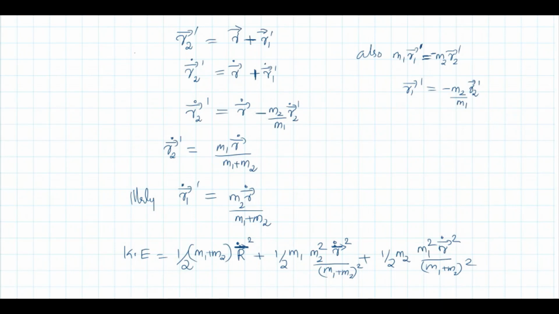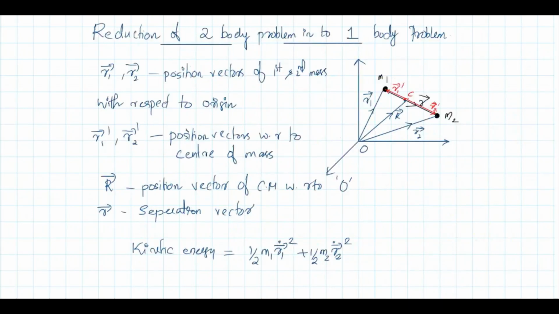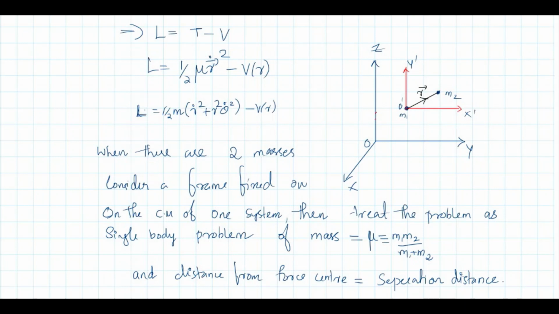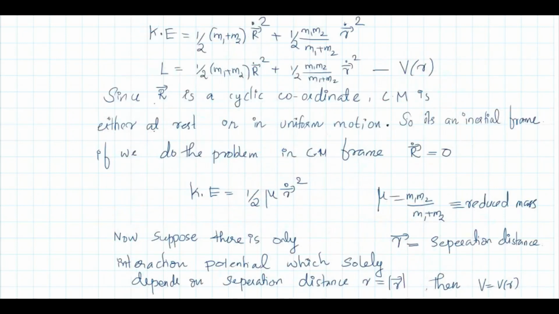But here we have a two-body problem, and we are assuming that the potential depends only on the separation distance. We are assuming that the system has only a force due to an interaction between the two masses, and that the corresponding potential depends only on the interparticle distance. That is our assumption. So we can write V as a function of r only.